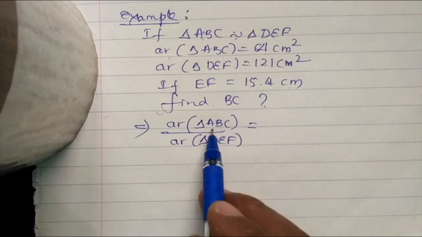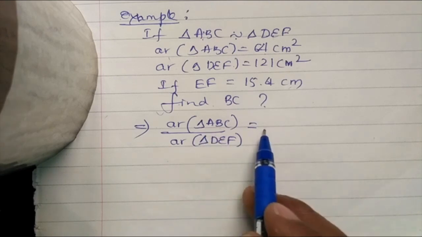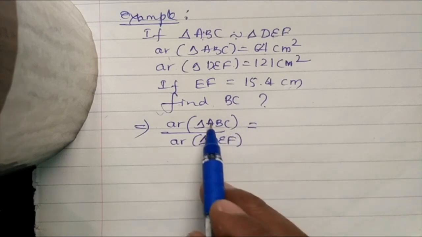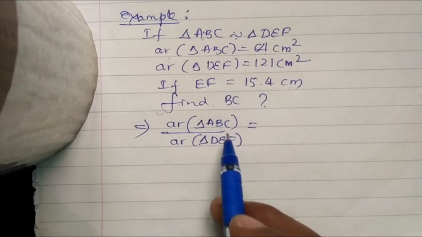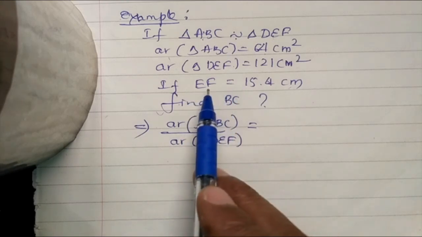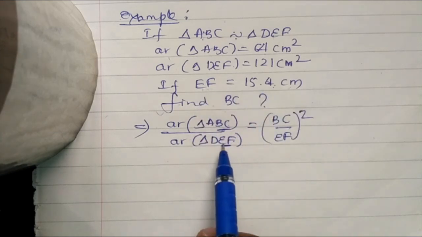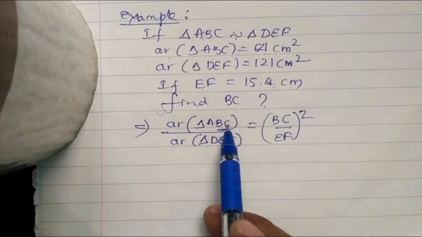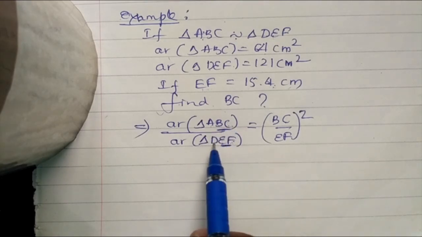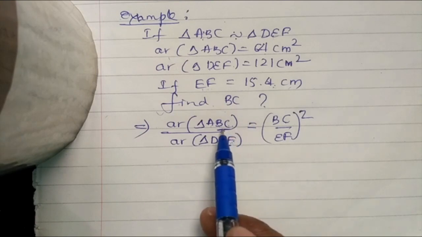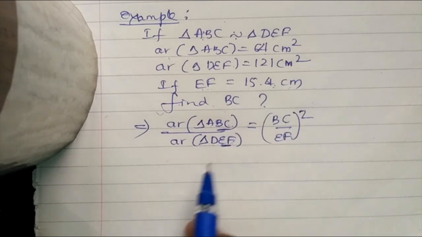So which pair will we take? AB by DE whole square, or BC by EF whole square, or AC by DF. Look here, EF is 15.4, given. Therefore, when we take EF from triangle DEF, we choose BC. If you take AB by DE, both lengths are not given. So better you take BC by EF whole square.